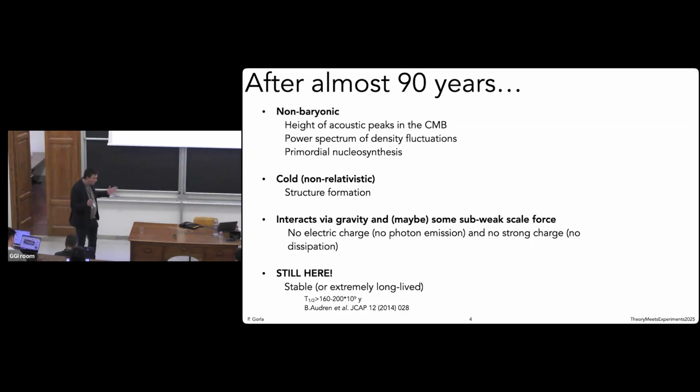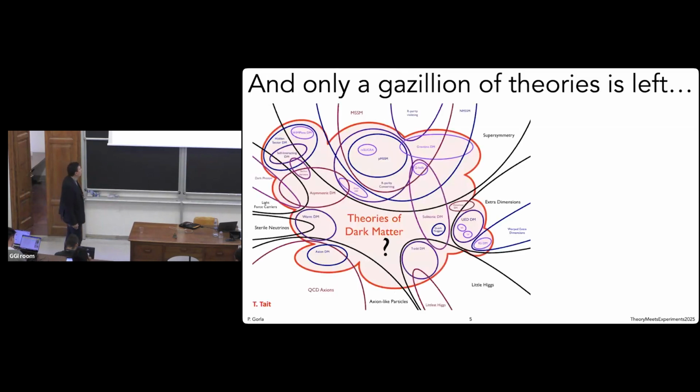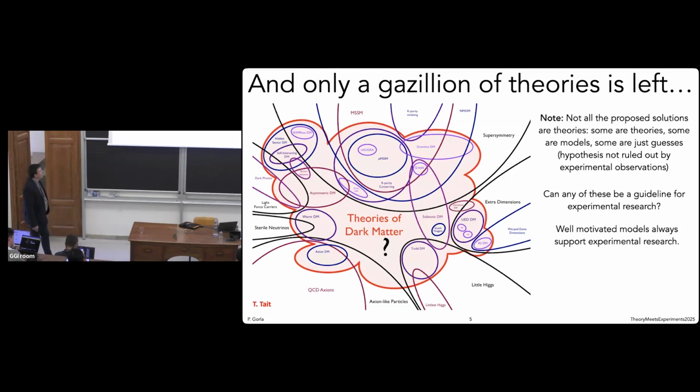All these constraints are actually constraining the dark matter candidates very little. So you heard, and we will hear again in these days, there is a variety of theories, models, guesses of what this particle should be, and this is just a few of the families of theories and models that are out there.